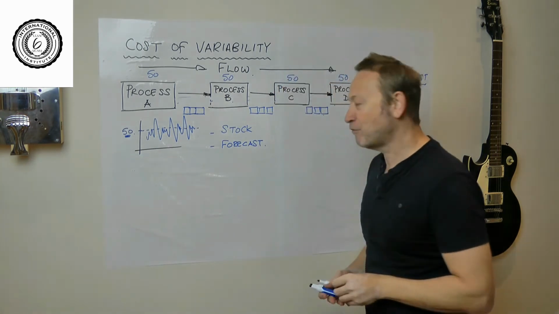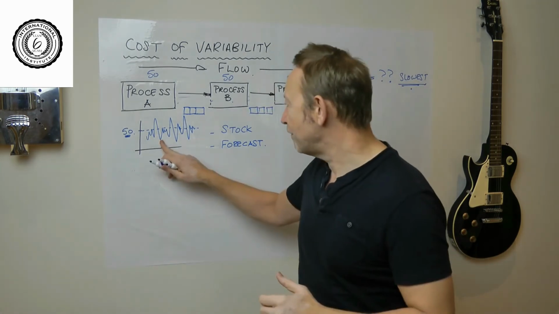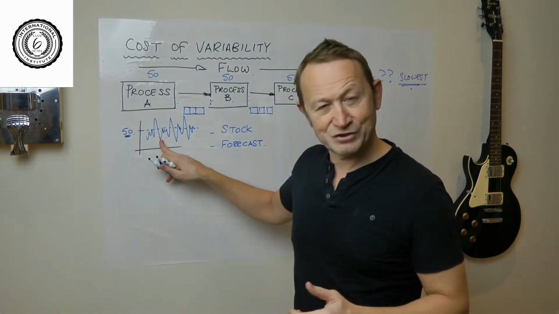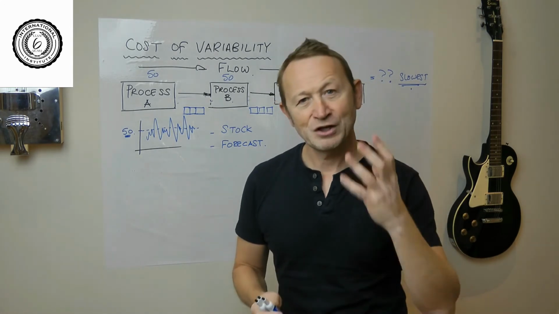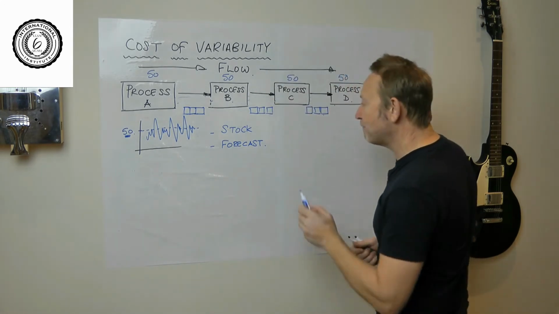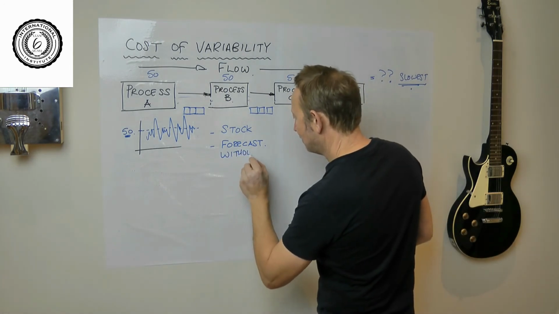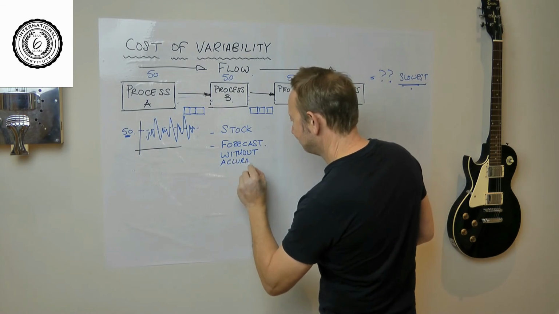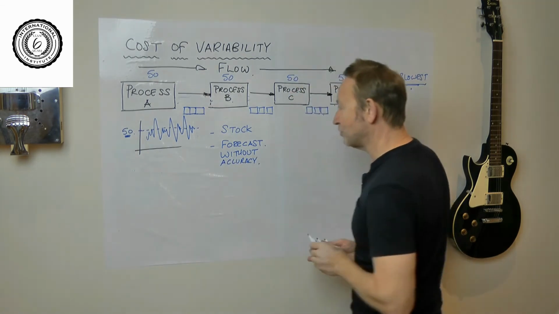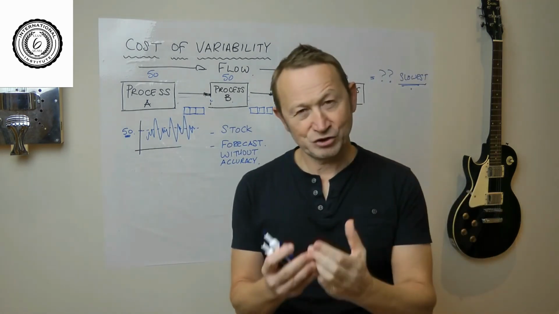Well, you have to forecast. Now, when you've got very poor consistency on your processes, what's that forecast likely to be? Well, it's likely to be a forecast without accuracy, without certainty, because when this is happening, you're at the mercy of chance.